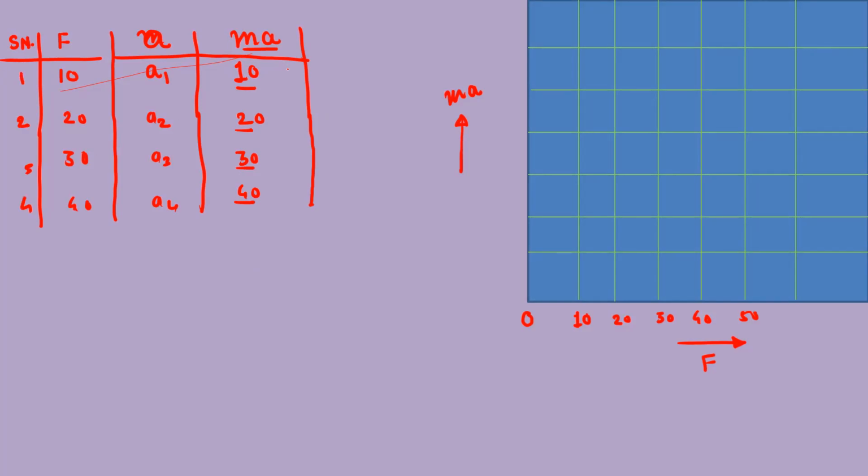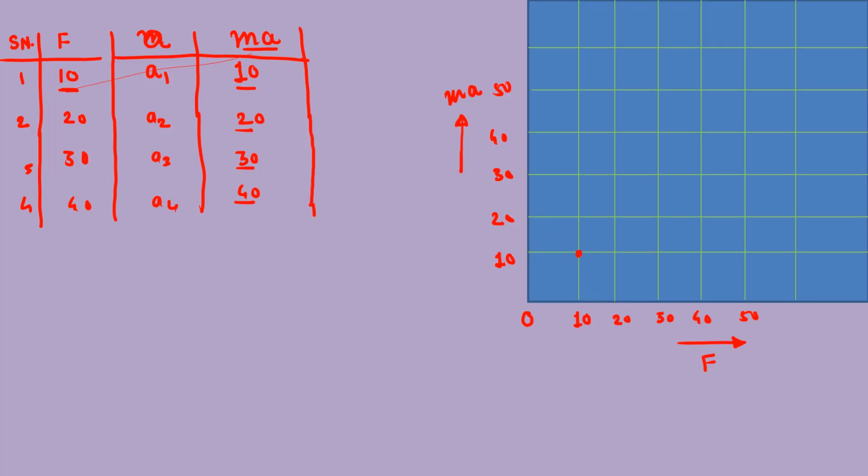And then you plot this mass into acceleration value on the y-axis. For the first value, force is 10 and the corresponding mass into acceleration is 10. So the first point: force is 10 Newton and mass into acceleration is also 10 Newton.